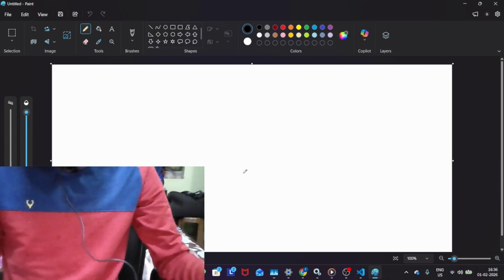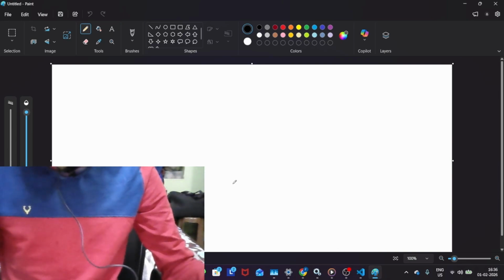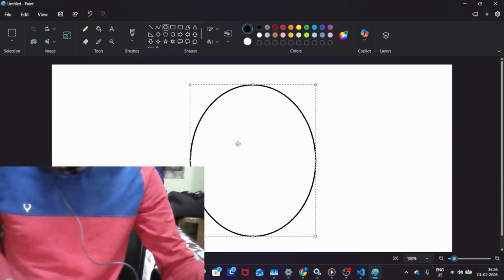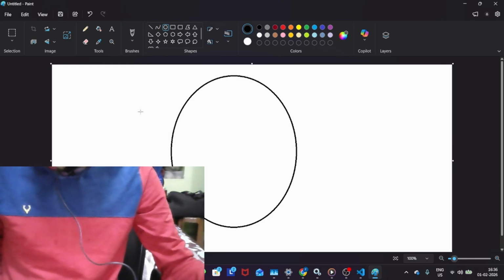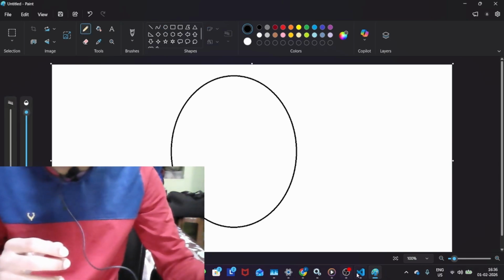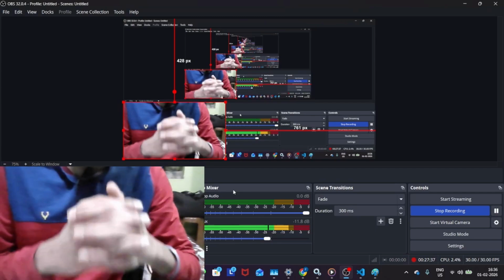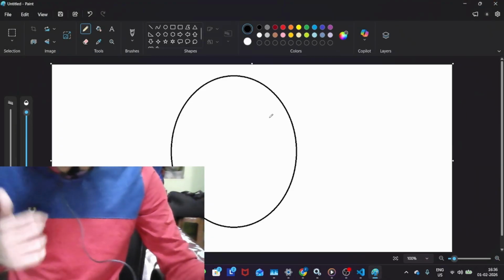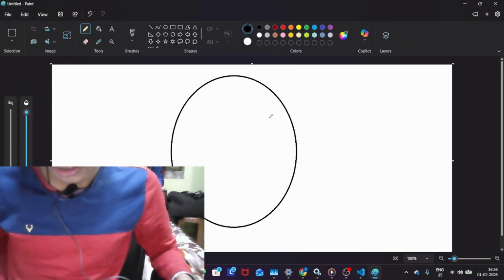Think of a Ferris wheel, or a giant wheel in your language. This is our giant wheel. So how is it working?